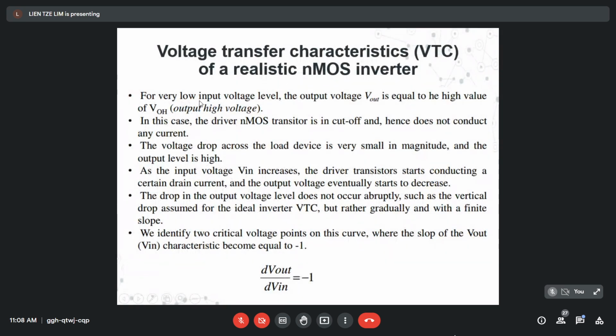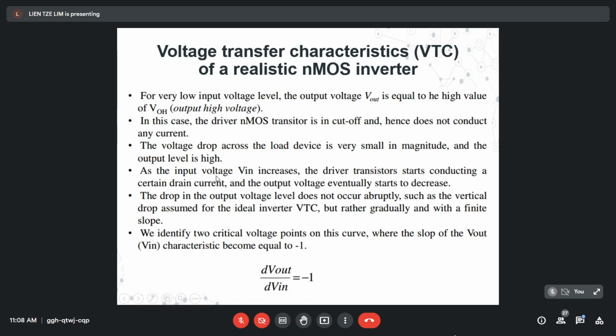For very low input voltage level, the output voltage Vout is equal to the high value of VOH. In this case, the driver NMOS transistor is in cutoff and hence does not conduct any current. The voltage drop across the load device is very small in magnitude and the output level is high.